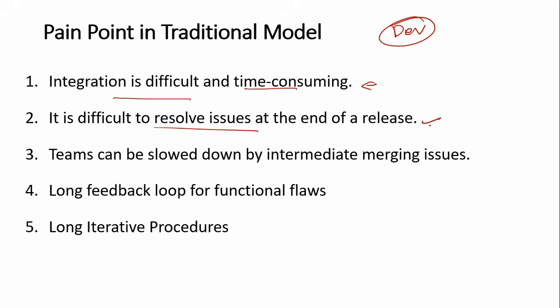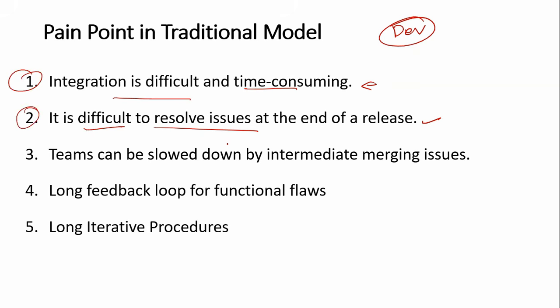Sometimes out of 50 requirements, 45 requirements went well, and the 46th requirement you check in, the remaining 45 would not have worked or would have crashed. So what they will do is roll back. Rolling back means going back to the previous version where it worked properly. Such types of problems will come in integration.